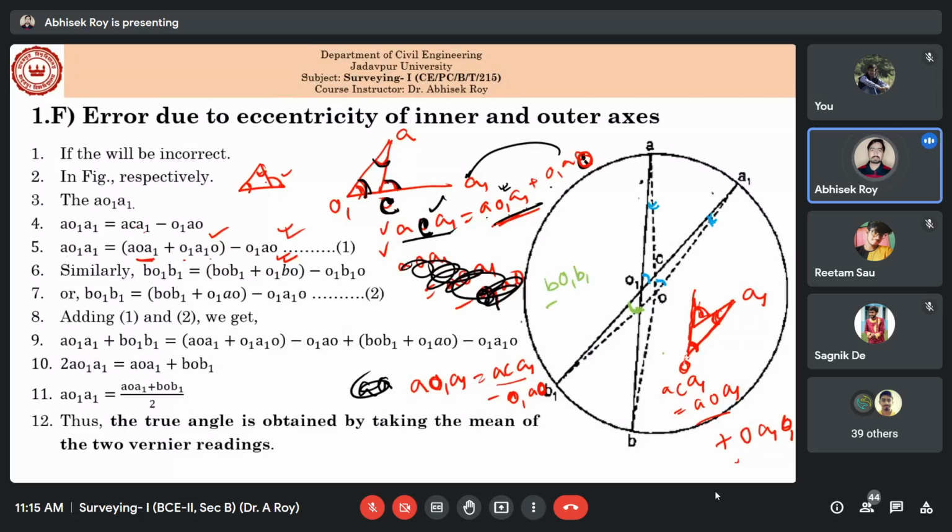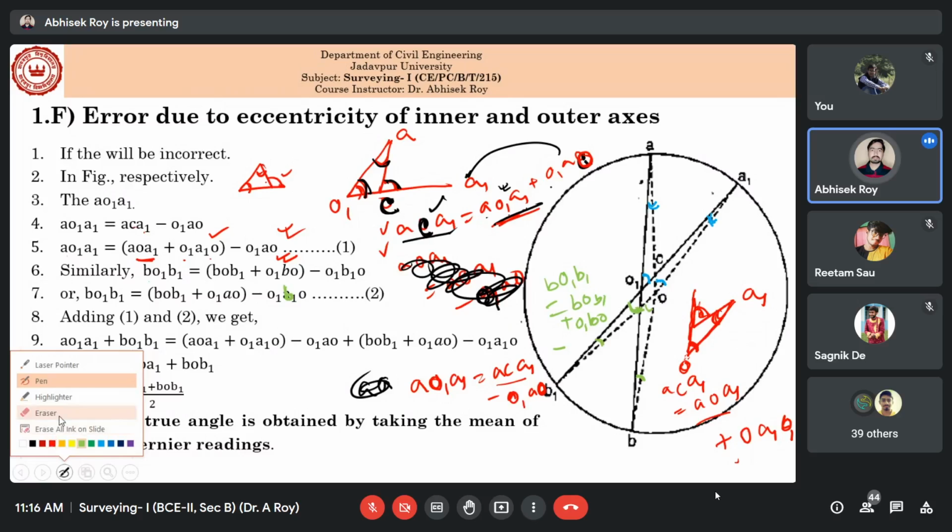BO1B1 will be equal to BOB1, or simply this, plus O1BO, this angle, this plus this, minus this angle O1B1O.